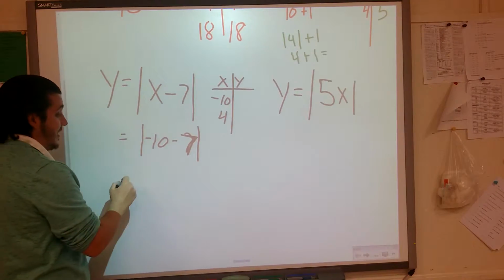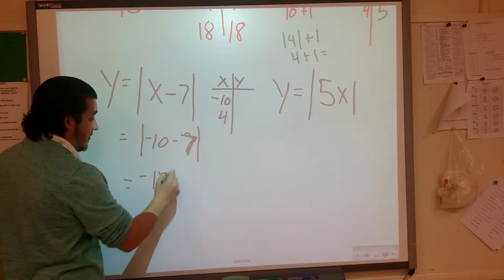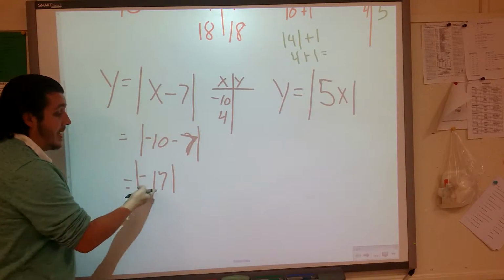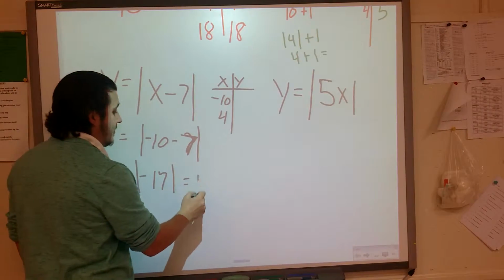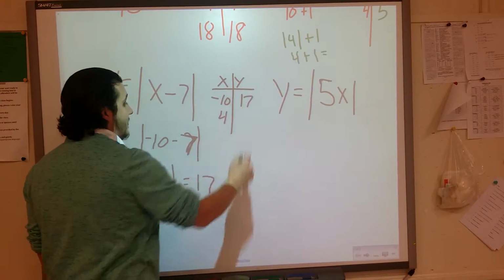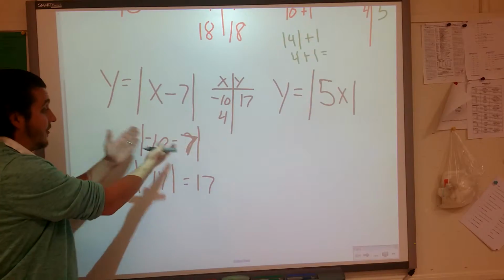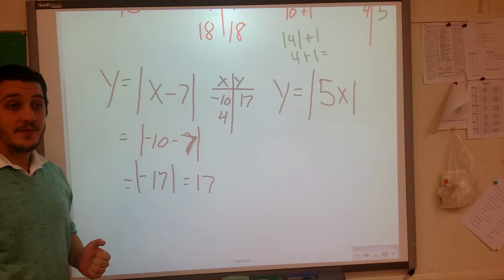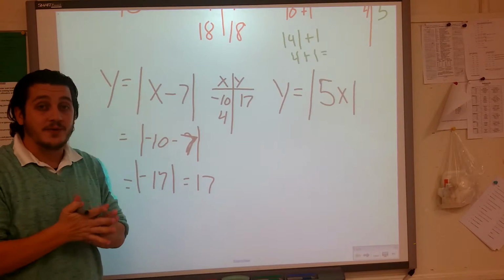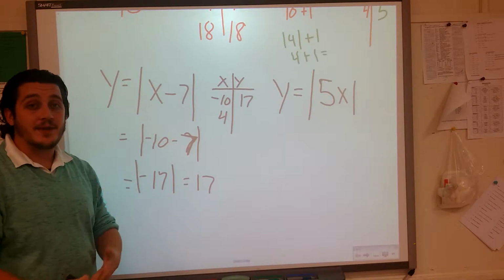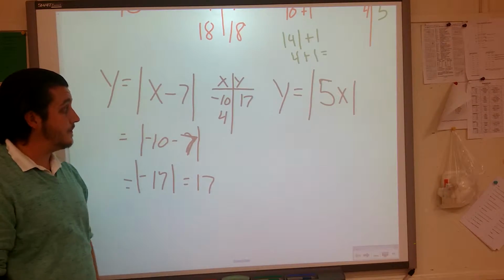It's negative 17. The absolute value of negative 17 is 17. That's our final answer. Do all the work inside the absolute value brackets. There are 2 straight lines. Do everything inside first, then take the absolute value, then solve it.